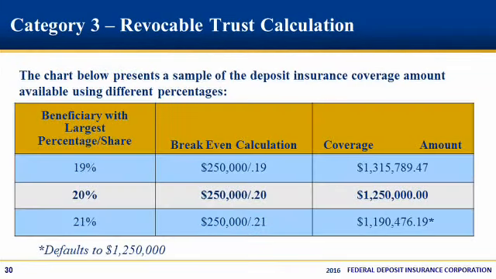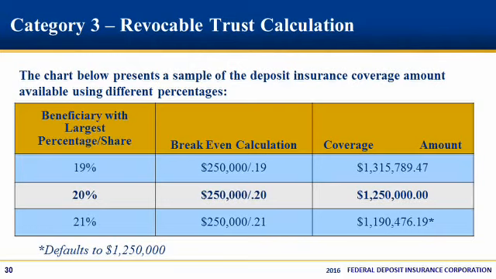As an example of applying this formula, you will see here on slide 30 a chart illustrating that if the highest percentage allocated to any one beneficiary is exactly 20%, then the insurable amount will be exactly $1,250,000.